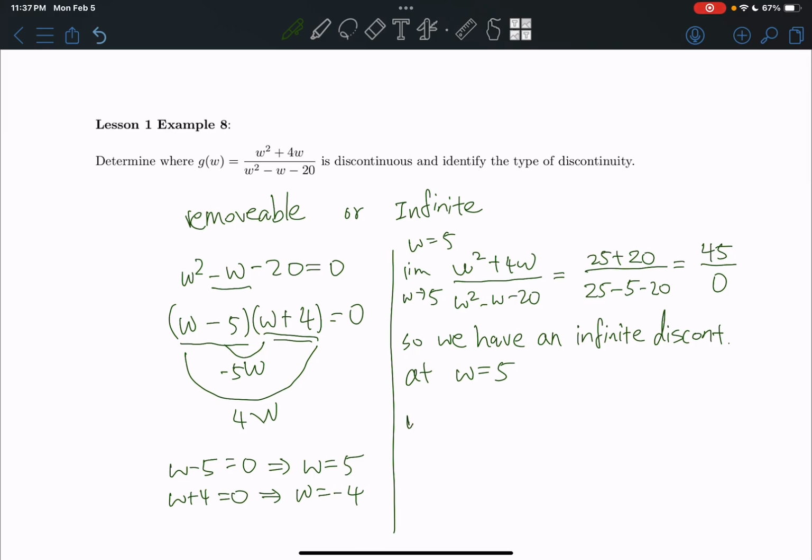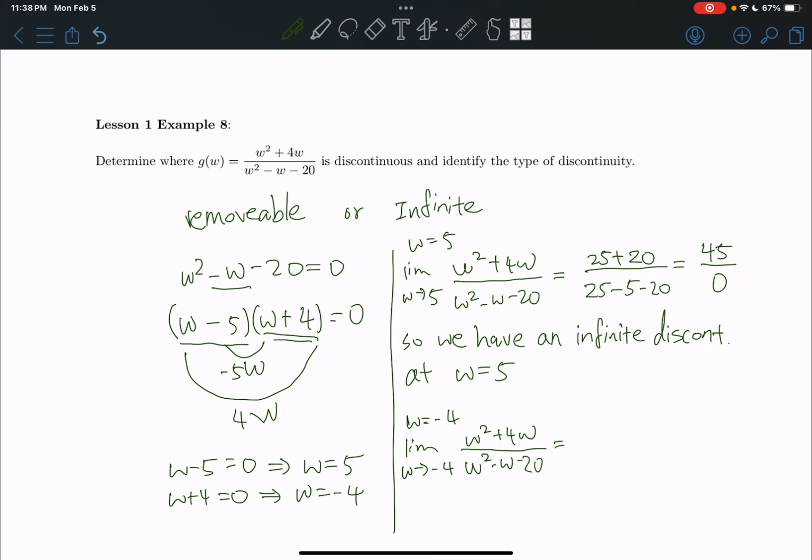Going on to the second one, w equals negative 4. Same idea: we're evaluating the limit as w approaches negative 4, which gives us w squared plus 4w all over w squared minus w minus 20.